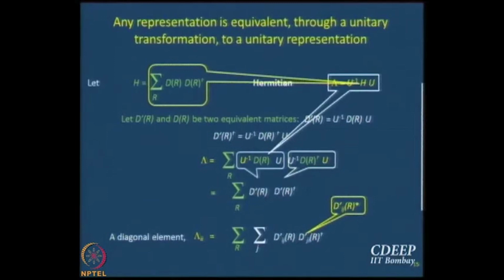So see, what is this? This is d_ji^R dagger. What is the meaning of dagger? I transpose and I take complex conjugate. Okay, so now see, the jith element of the transpose is the ijth element of the original matrix, right?